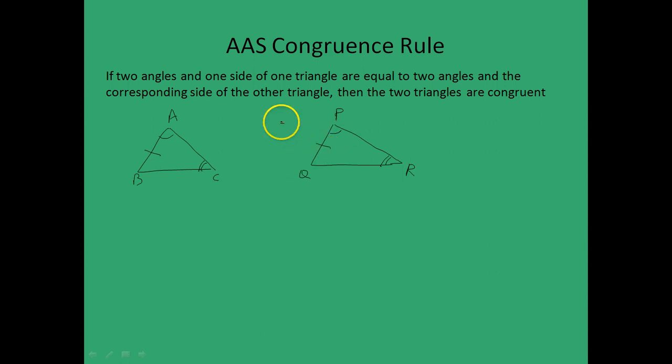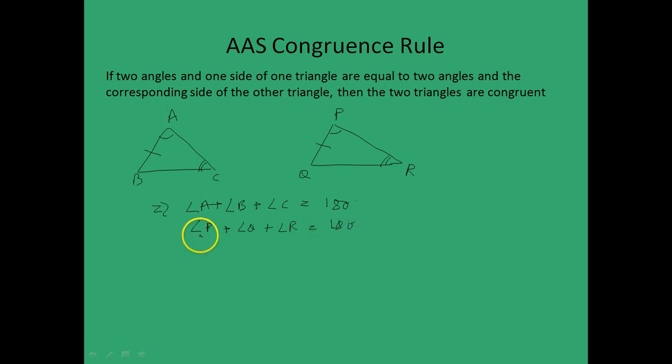Let's look at the proof of this AAS congruence rule, which turns out to be pretty elementary. If you consider the fact that the sum of the angles of a triangle is equal to 180 degrees, this implies angle A plus angle B plus angle C is equal to 180 degrees, and angle P plus angle Q plus angle R is equal to 180 degrees.